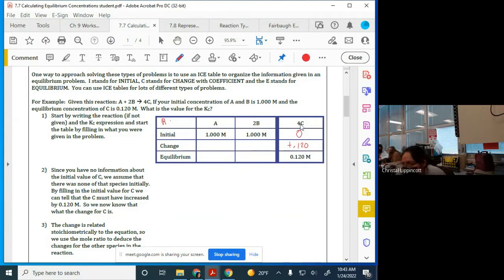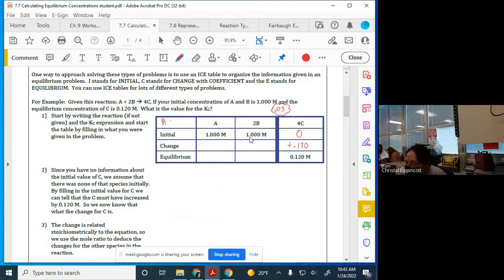If we take this up into the cloud, what do we have to do? Divide by 4. So 0.12 divided by 4 is going to be 0.03. Then when we come back down out of the cloud, we have to multiply.